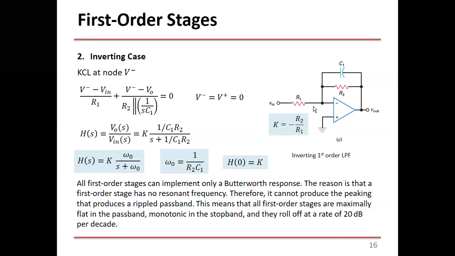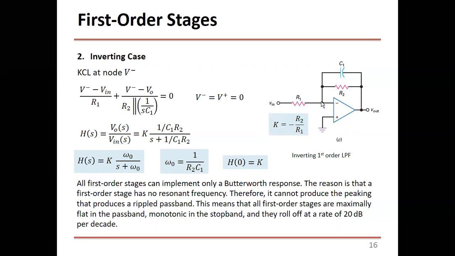And again, we do the KCL at this node. Now, in this case, V minus is the same as V plus. Since V plus is ground, then V minus is also a ground, and we call it virtual ground in this case. So we assume V minus is 0, and we do KCL at this node. So we have how many currents? We have 1, 2, 3.